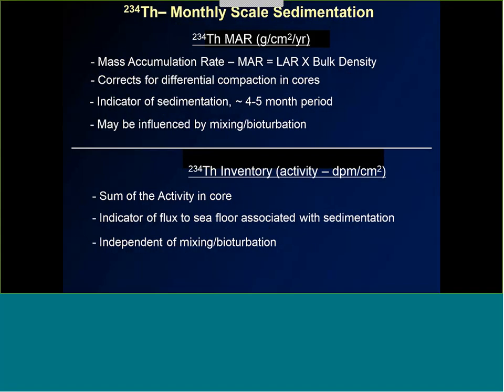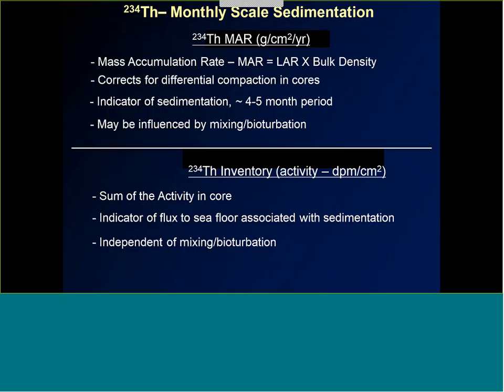However, we cannot rule out bioturbation. I can't emphasize that enough. Bioturbation can be a problem here. So what we did when we looked at thorium-234, we analyzed it in terms of MAR, mass accumulation rates. We determined mass accumulation rates in grams per centimeter squared per year, but that can be influenced by bioturbation.